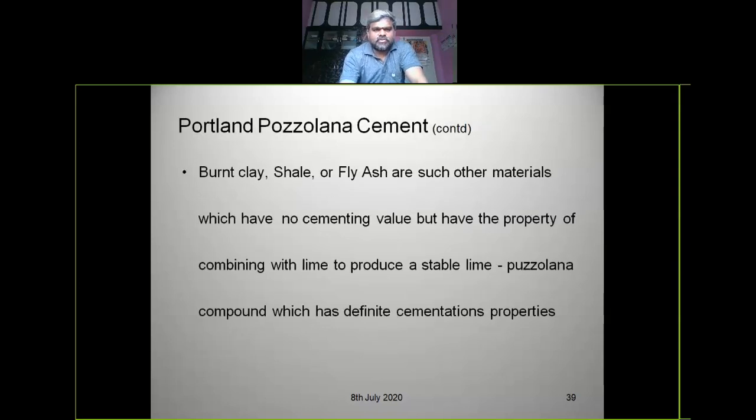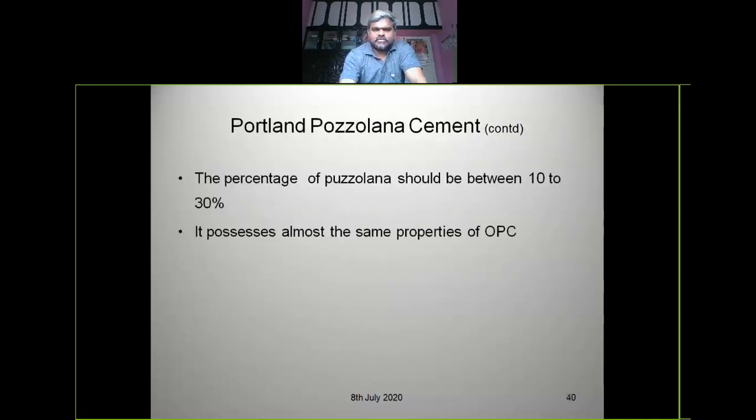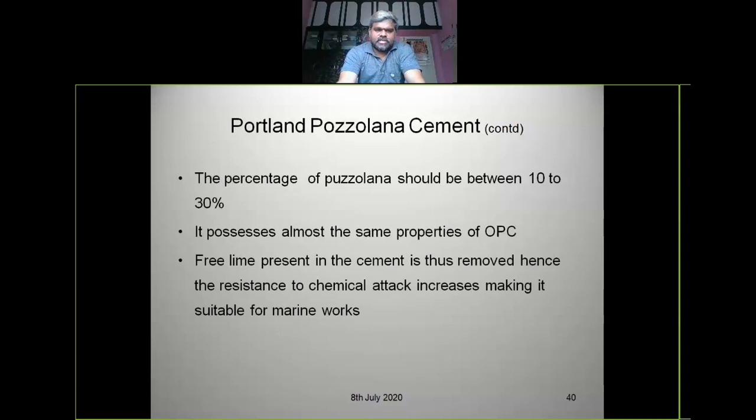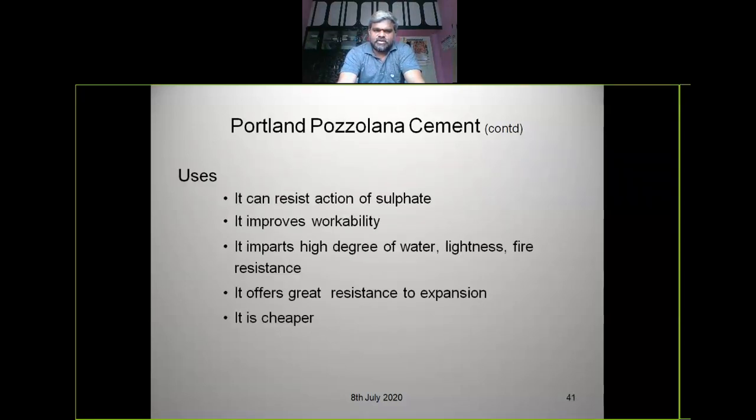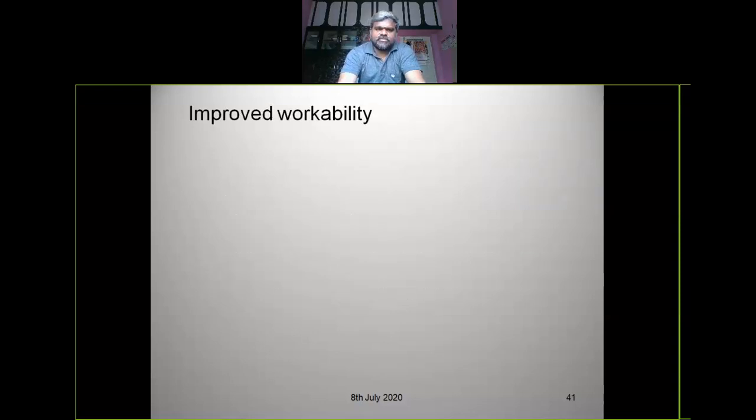Burnt clay, shale and fly ash are used as pozzolana. The pozzolana should replace cement by 10 to 30%, and now it has gone up to 50% also. Its use will give later strength, but greater strength than the OPC, and improved quality.